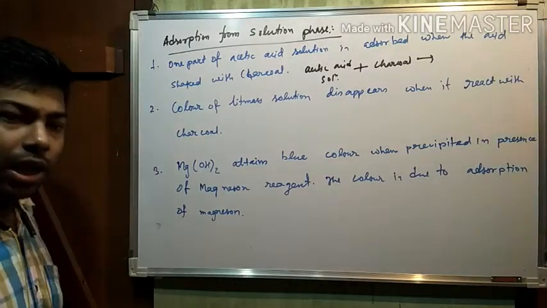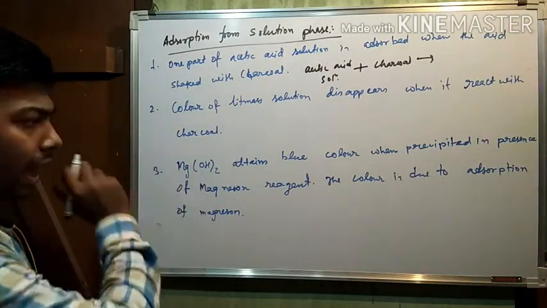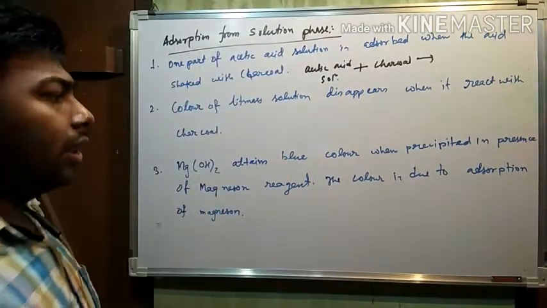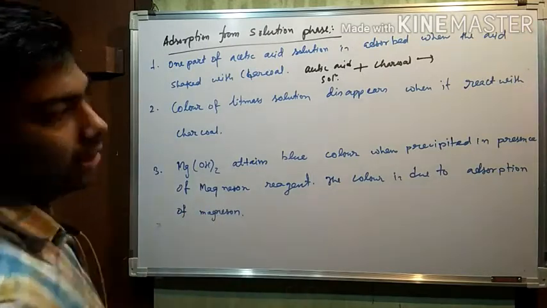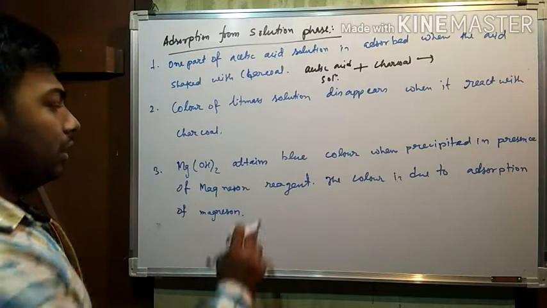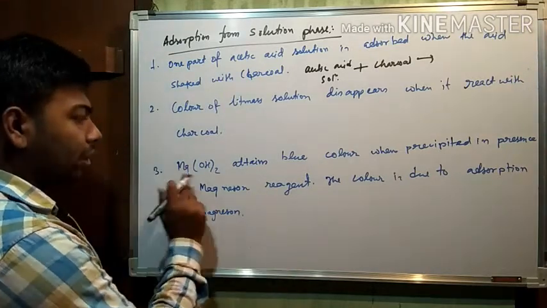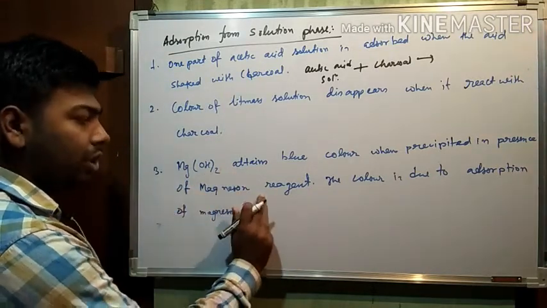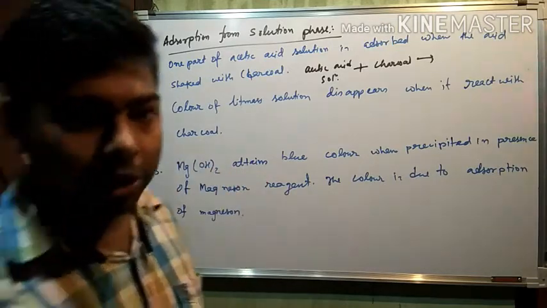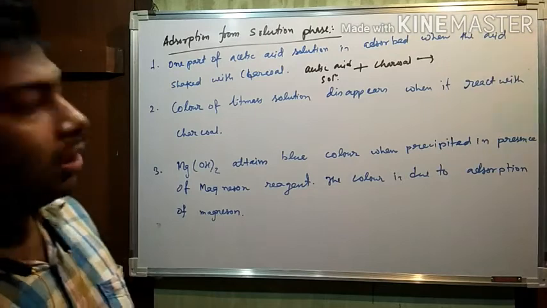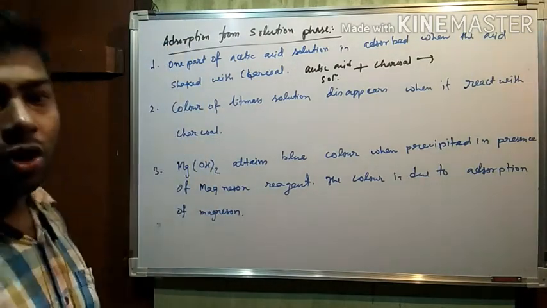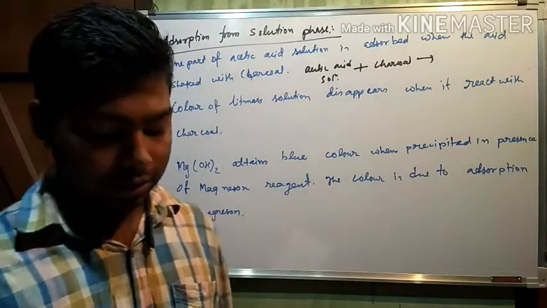Third case is when magnesium hydroxide attains a blue color when precipitated in the presence of magnesium reagent. Magnesium is a solid reagent. Due to the adsorption of magnesium hydroxide on magnesium, the color of the solution becomes a little bit blue. These are the three examples of adsorption from solution phase.